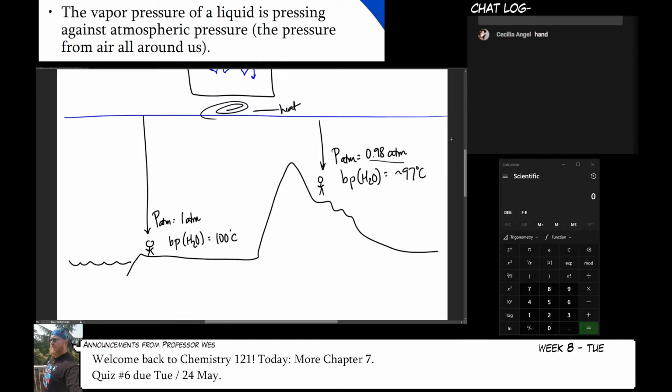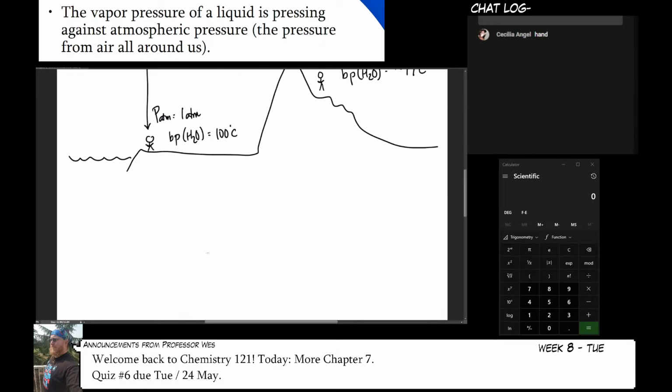In fact, what would happen if I could say, do this? So let's say, here's my container of water. I have water in here. Remember what we did with the gases, where we said, oh, well, I'm going to put it in a vacuum chamber and watch the effects of the balloon.